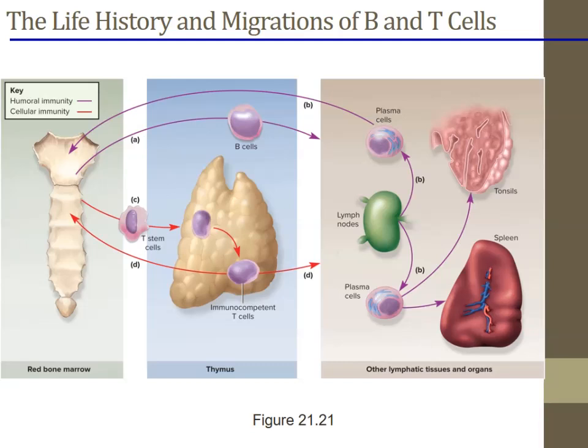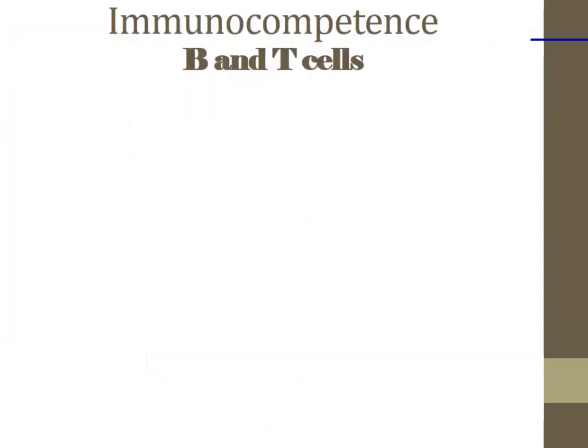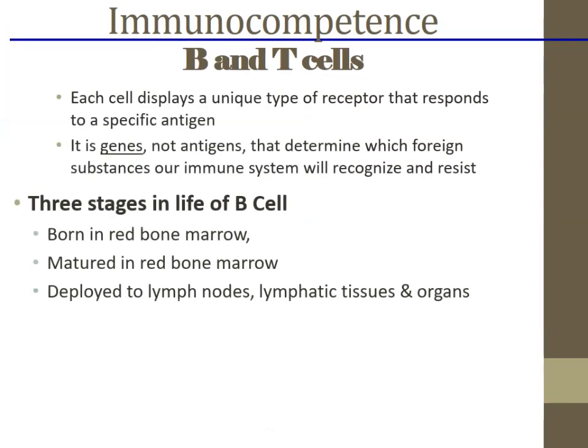Or you could say, does the B cell mature in the thymus? Nope. Right? It does not mature in the thymus. Only the T cell does. So they're both born in bone marrow. They mature in two different places. All right. So three stages of the life of a B cell. There you go.